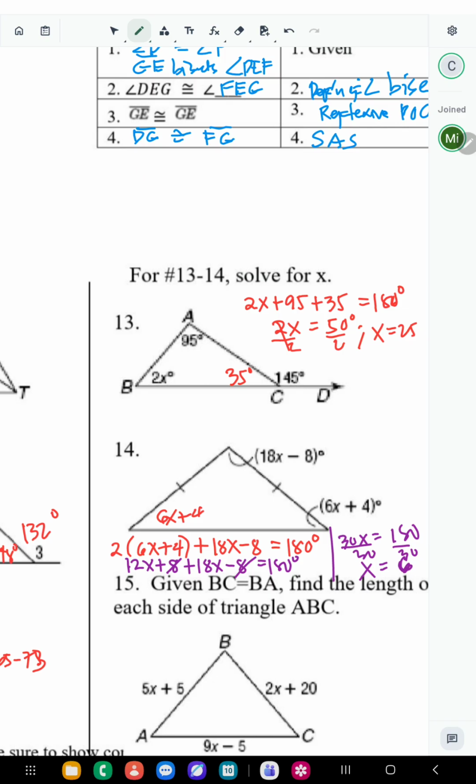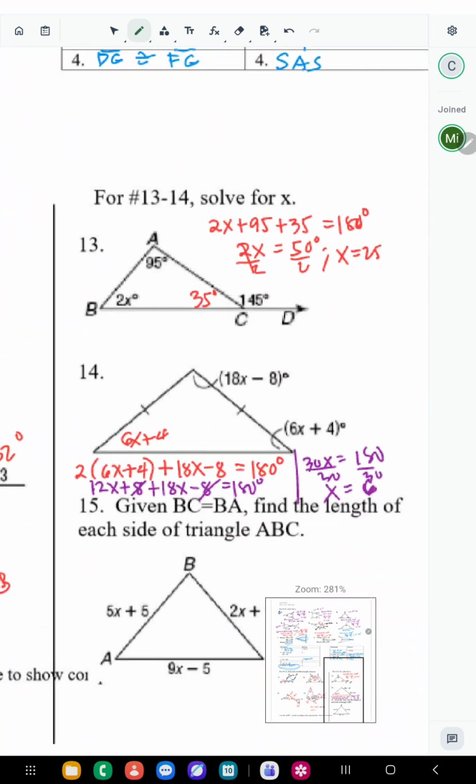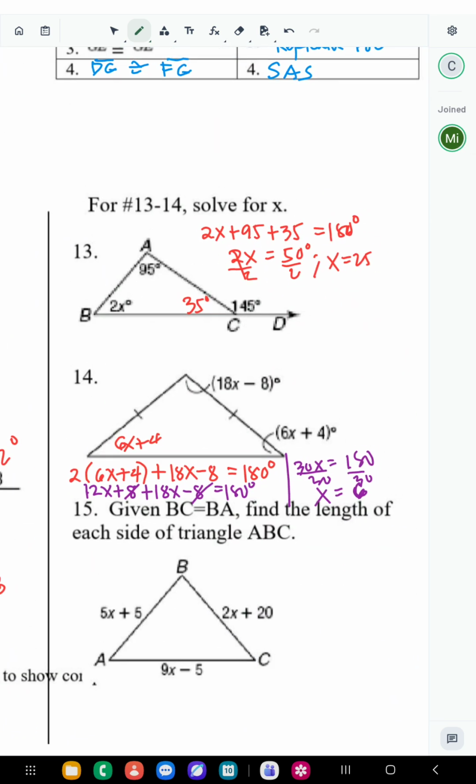So 6x plus 4 times 2, 12x plus 8. 18x minus 8. Then 30x. 8 minus 8, 0. 180 divided by 30. Okay. The number 15. Given BC is congruent to BA. Find the length of each side of the triangle.